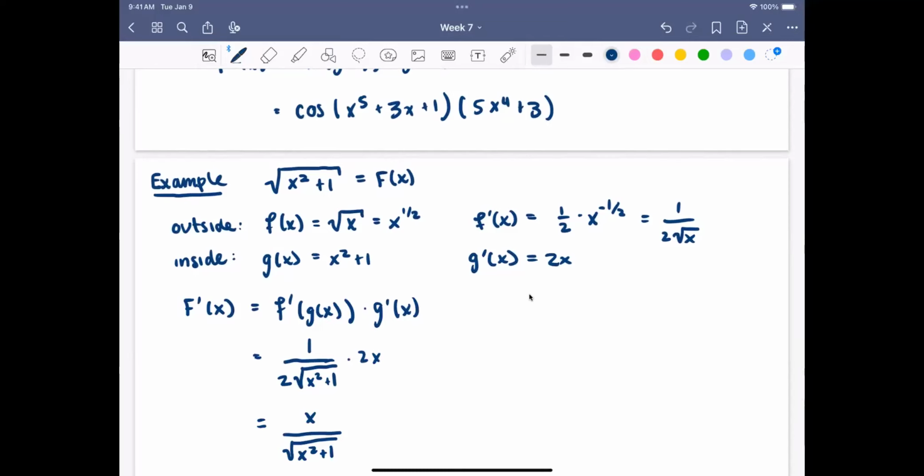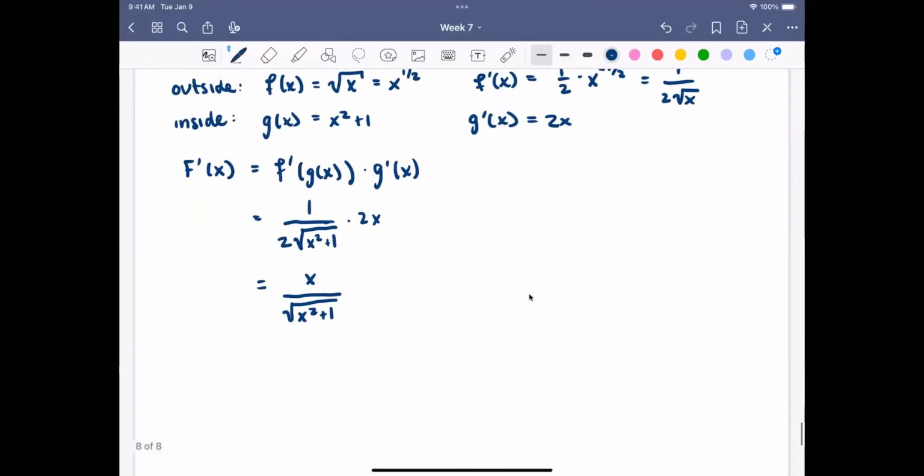Let's do another example, just to get a little bit more practice. So here's another example. Let's look at sine squared of x.